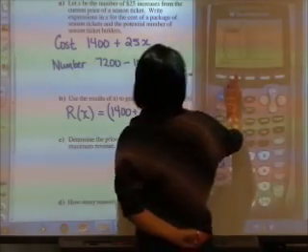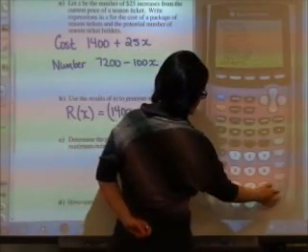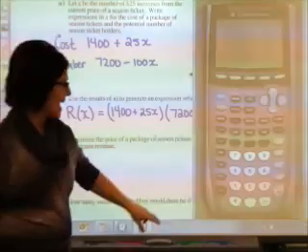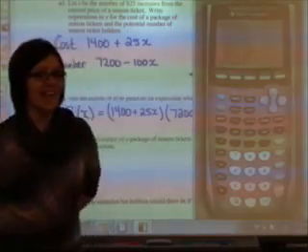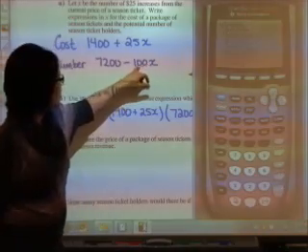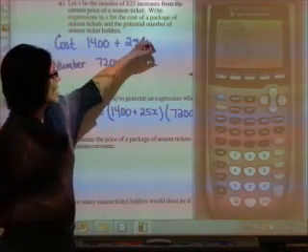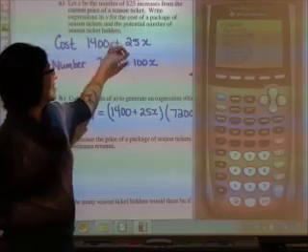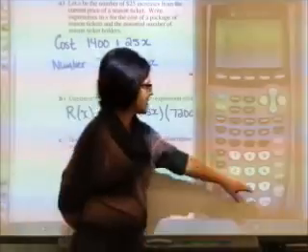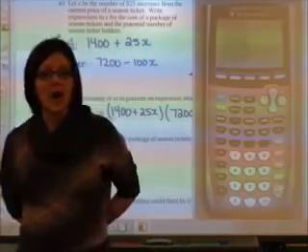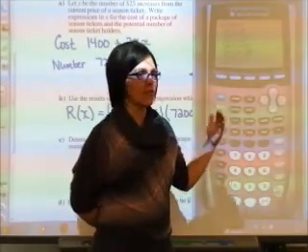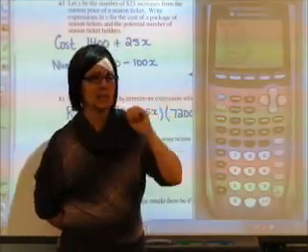So when I go to my window settings, I can go from 0 to probably no more than 10, because 10 increments would be a loss of 1,000 people and an increase of $250 per package. So I start off with 10 increments. For my Y values, I still want to start at -5 or a negative value just so that I can see that x-axis.